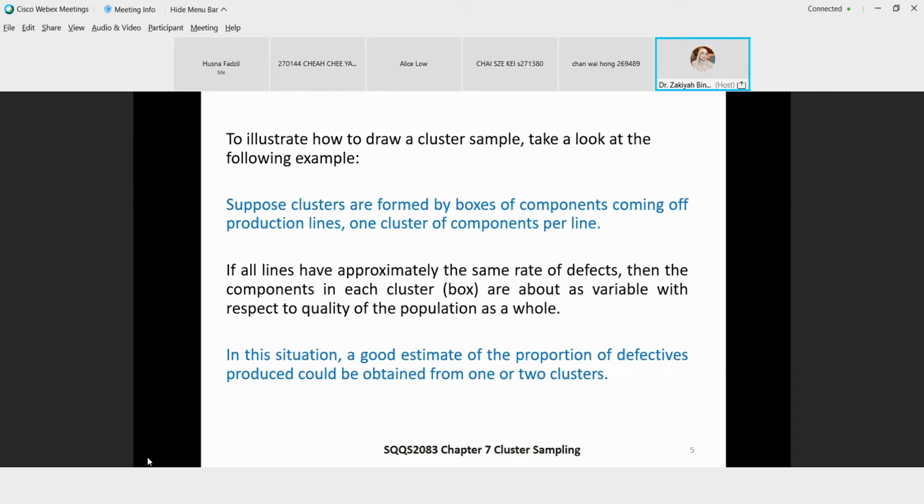Okay, so far? Now, in this situation, a good estimate of the proportion of defectives produced could be obtained from one or two clusters. Very few.